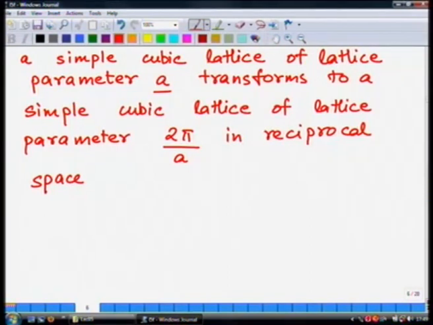So, that is what it is: a simple cubic leads to a lattice in reciprocal space, which is also a simple cubic, and the lattice parameter of course is 2 pi by A. So, that is the transformation.